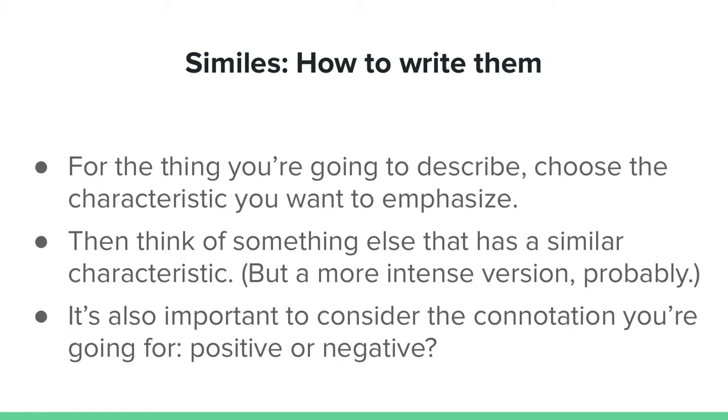And then you need to think of something else that has that similar characteristic, but usually you want it to be a more intense version because you're emphasizing, you're exaggerating probably. It's also important to consider the connotation you're going for. Is it going to be a positive comparison or a negative comparison?